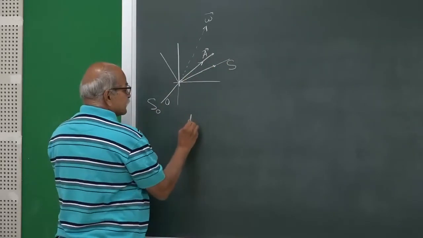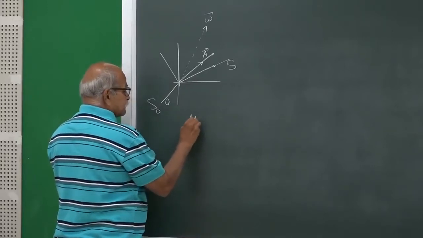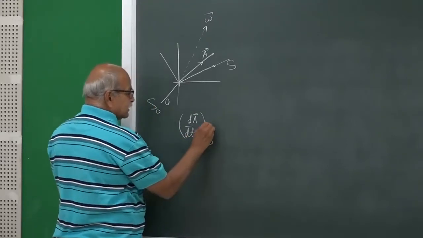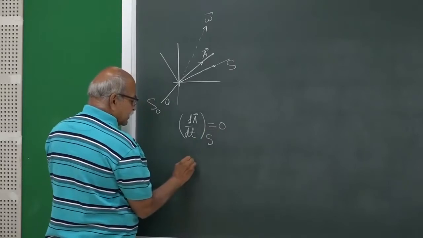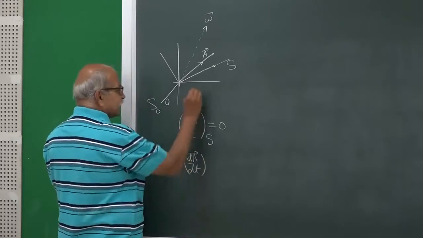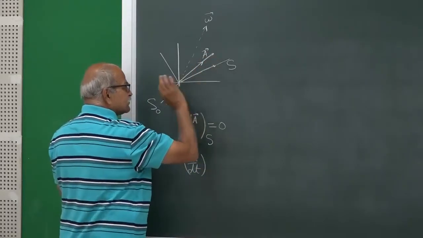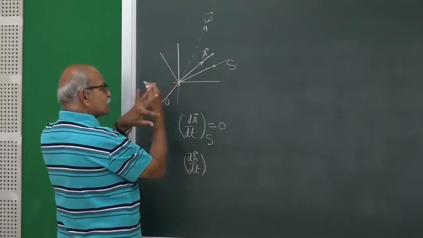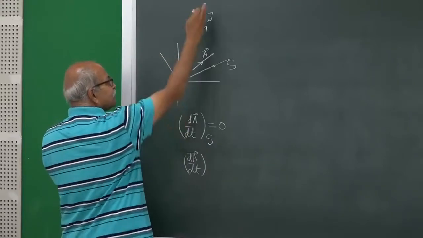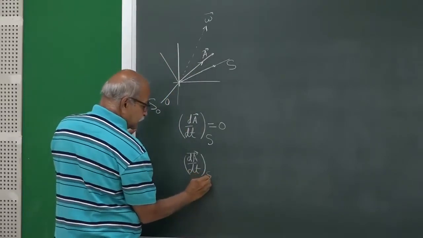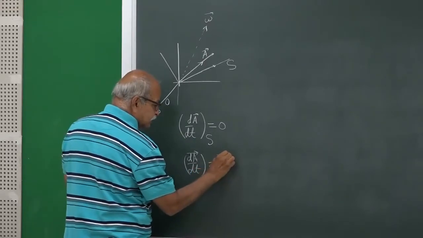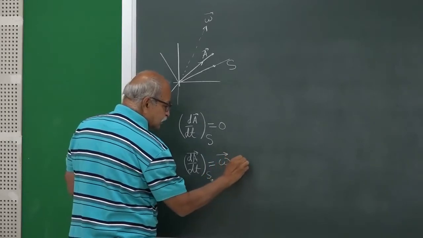And therefore, we said that d/dt of A, we have two things, one in frame S, another in frame S naught. dA/dt is 0 in S frame, it does not change with time, it is fixed in S frame, and it is rotating about this omega as seen from S naught, it is rotating about this line, and therefore in S naught this is not 0, and what this is, we found, is nothing but omega vector cross A vector.